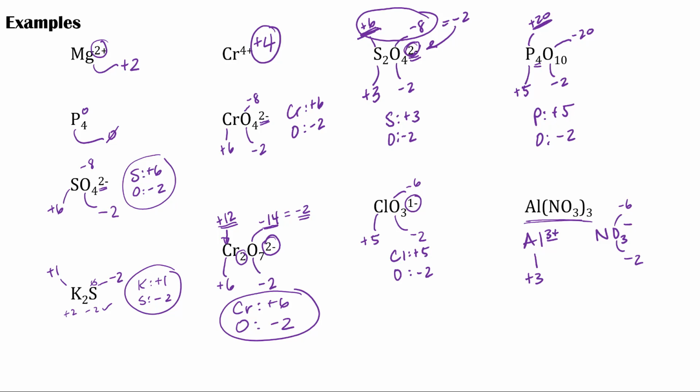This nitrogen has to be +5 to give us that -1 charge, right? +5 and -6 is -1. Now I can do this all together, but it gets very confusing, so I prefer to take this apart, especially when I have 3 of or 2 of one of those polyatomic ions. So here aluminum is +3, nitrogen +5, oxygen -2.